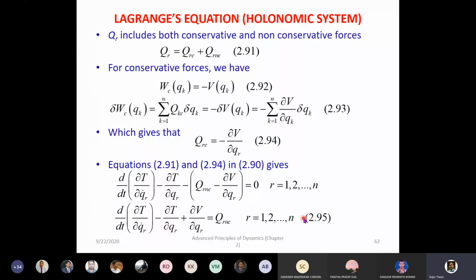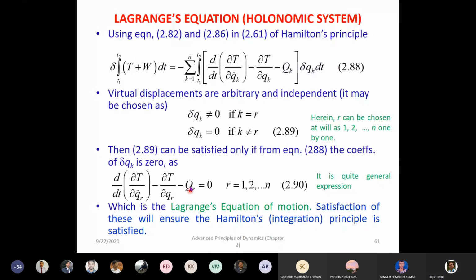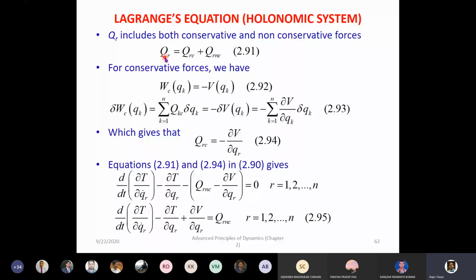Now we'll look more at this generalized force, because the generalized force can be conservative and non-conservative. Two parts we can have. This is the conservative generalized force, and this is the non-conservative generalized force. And we know that for conservative forces, or the conservative field, the work done is nothing but the negative of the potential energy.